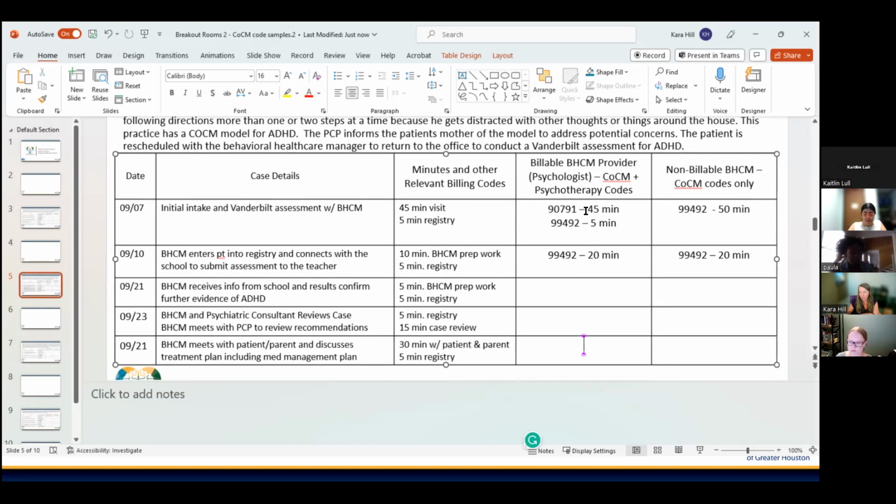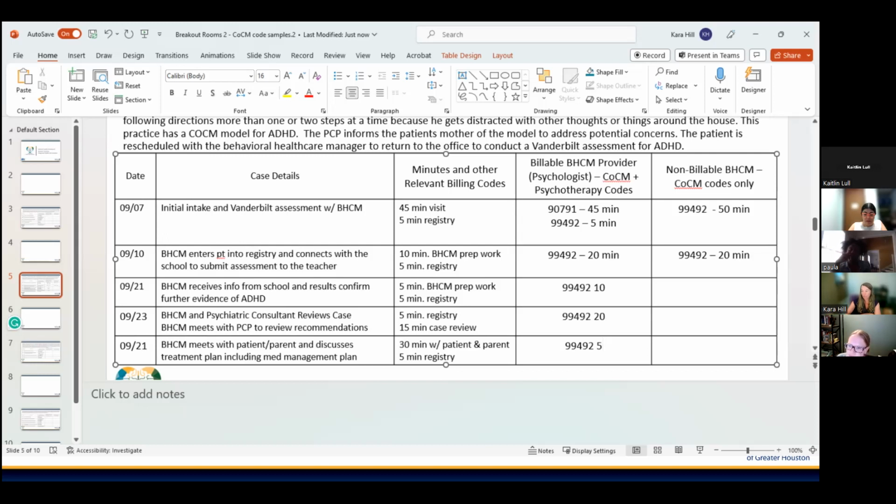So for me, again, we're going to do 99492 at 10 minutes, 99492 at 20 minutes, and then 99492 at 5 minutes, right? So for your 99492, 20, 30, 40, 50, 60 minutes. So you would be able to charge 60 minutes of CoCM codes to this.